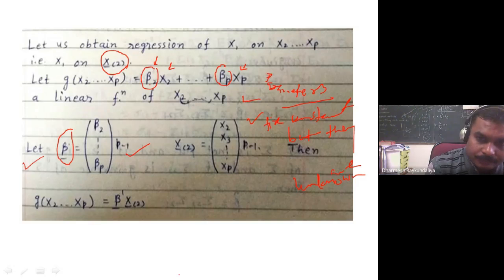So this quantity we can write as beta dash x2. तो आप सब जानते ही है कैसे लिखेंगे इसको. Row vector beta 2, beta 3 up to beta p, और यहाँ पे क्या आएगा, x2 x3 up to xp. So beta 2 multiply x2, it is beta 2 x2. Then beta 3 multiply x3, it is beta 3 x3, and beta p multiply xp, it is beta p xp. But it is just product of row with the column, so it is giving the addition of all possible elements. So g of x2 up to xp is nothing but beta transpose x2.